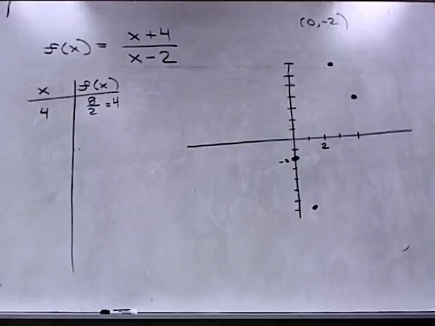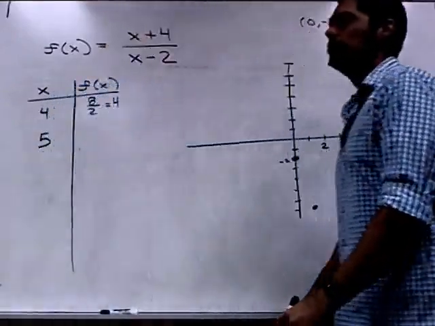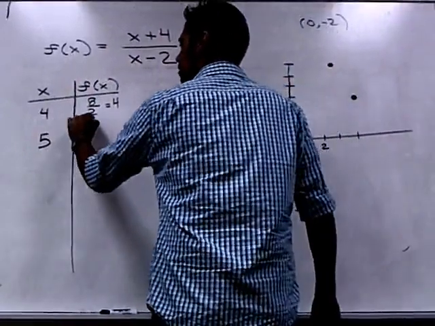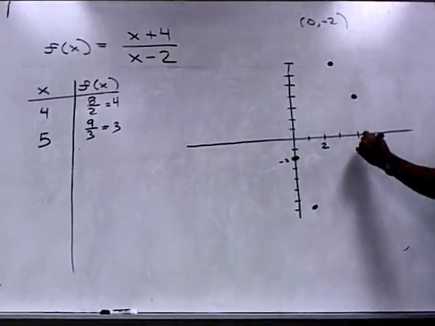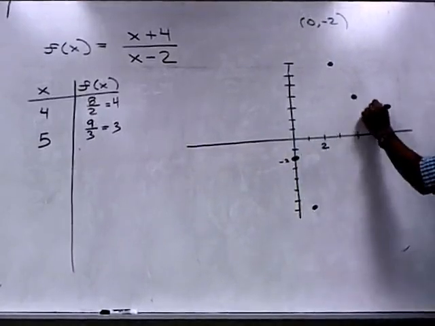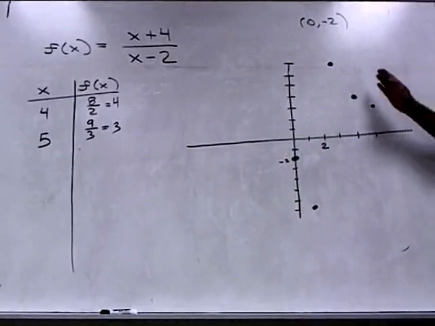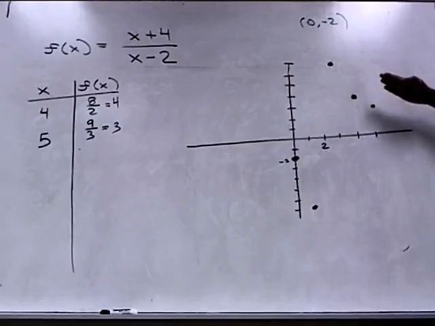What about 5? Where am I? 9 over 3, which is 3, right? So now I'm here. So what looks like is happening now as I go to the right? Looks like it's getting smaller, right? Okay.